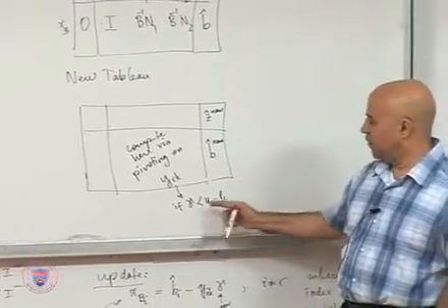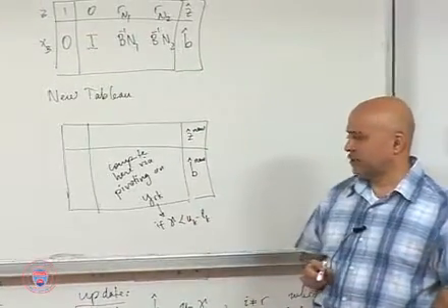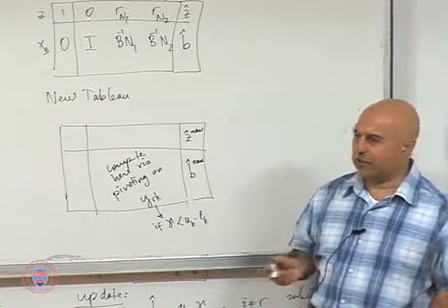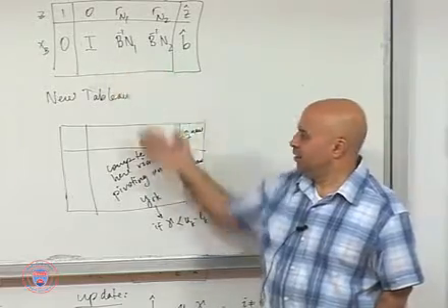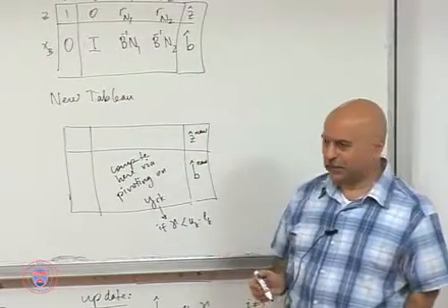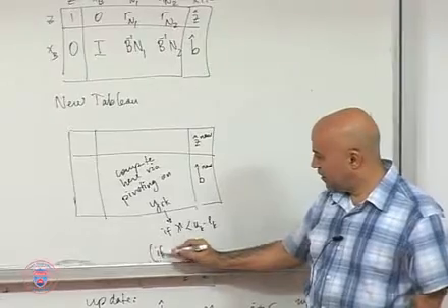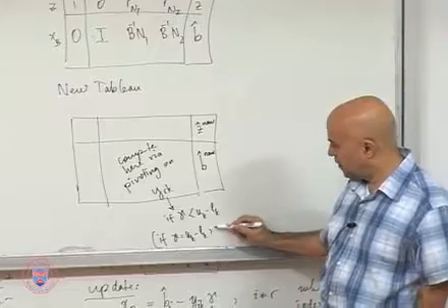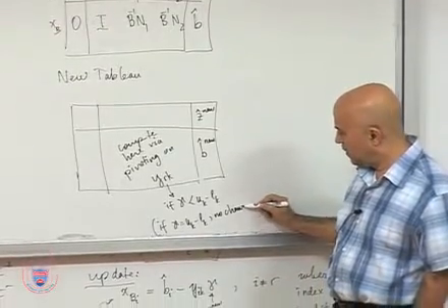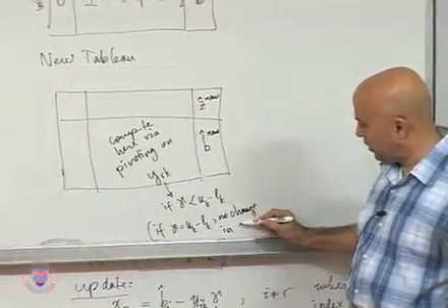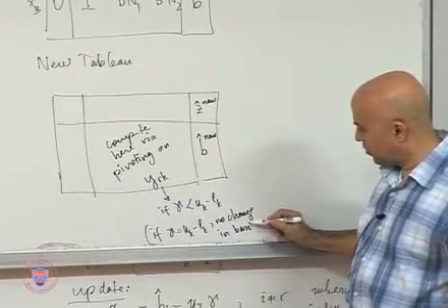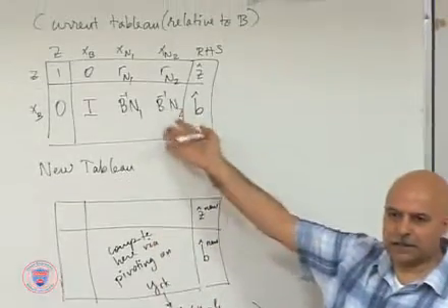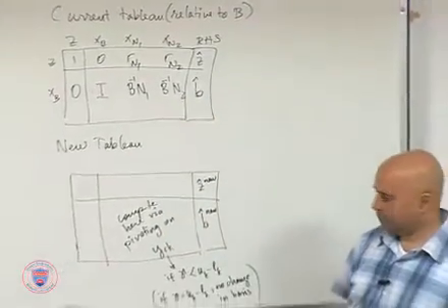So, what about if gamma is defined by UK minus LK? In that case, you don't need to do anything because the new basis is still the old basis, okay? In that case, no changes in basis occurs, which means everything else is the same old stuff as in the old tableau, okay?